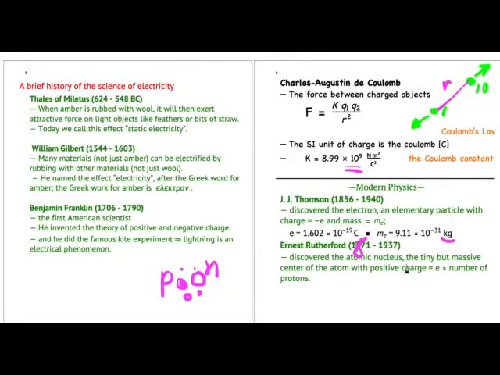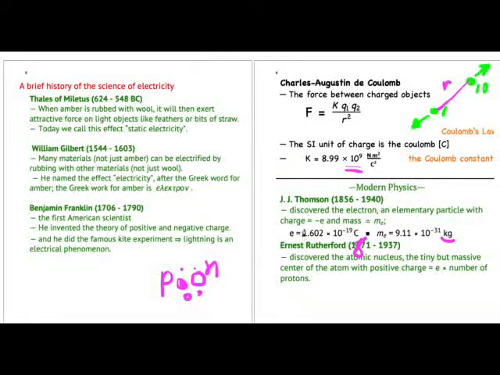The charge of the nucleus is e times the number of protons. The neutrons have no charge, although they do have electric properties, but they don't have any electric charge. So an atom can be neutral because the electron charge has the same magnitude as the proton charge.